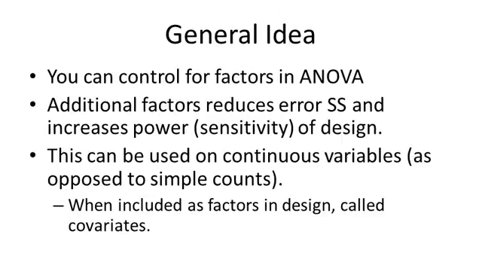This can be used on continuous variables as opposed to simple counts. A factor that is just literally counting the number of students isn't as interesting as, let's say, some continuous variable like a ratio or correlation. When you include these factors in your design for control purposes, they're called covariates.